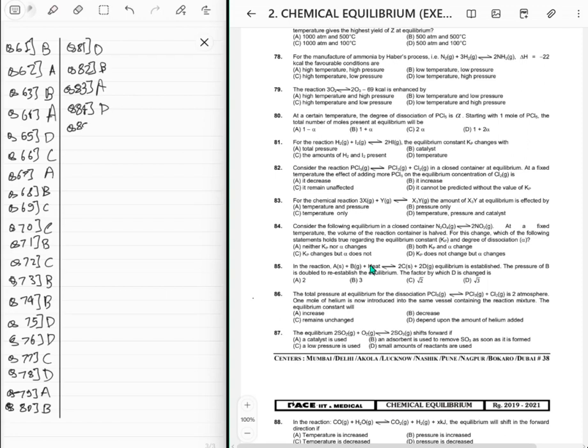Question number 85. In the reaction, equilibrium is established, and the pressure of P is doubled to re-establish the equilibrium. The factor by which D is changed is... So only for P it's doubled to re-establish the equilibrium. The factor by which D changes is... What?